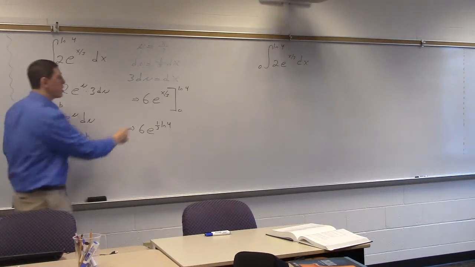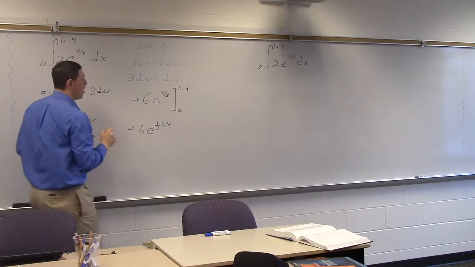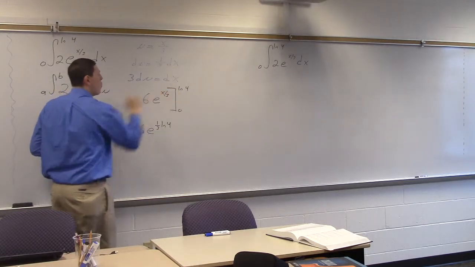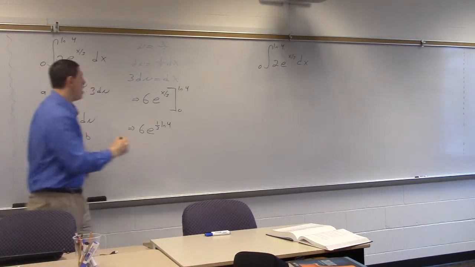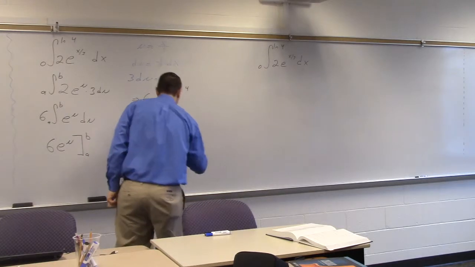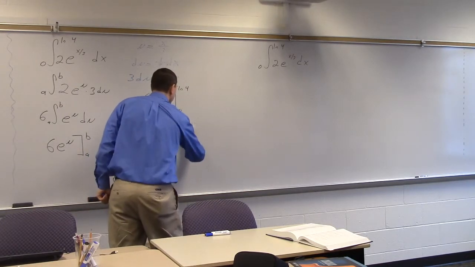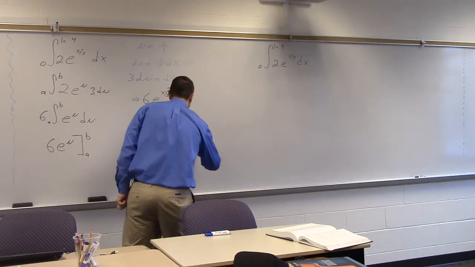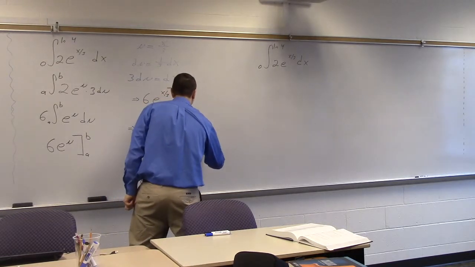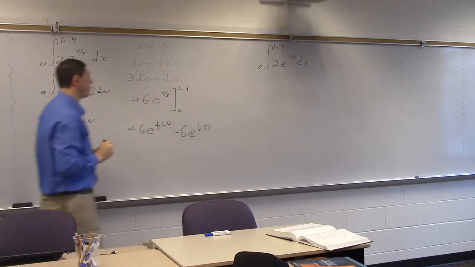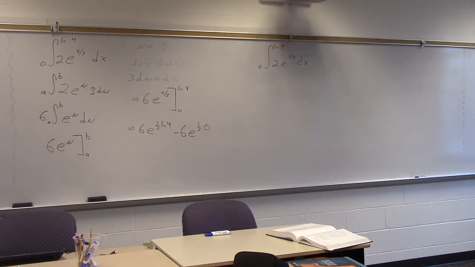So again, all I did was factor the 1/3 in front, substitute ln 4 back in for x, minus 6e to the 1/3 times 0. Okay, again, that's just using our fundamental theorem of calculus.